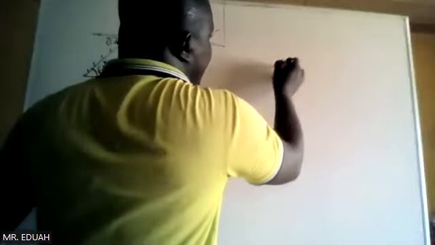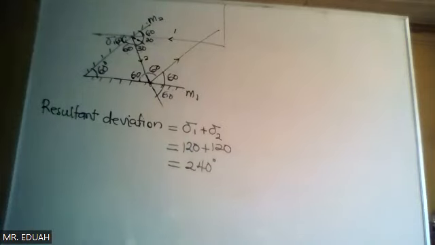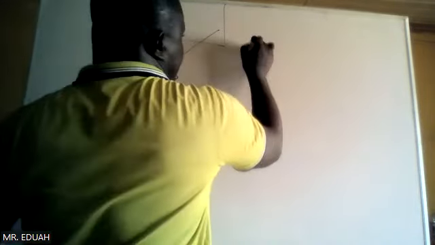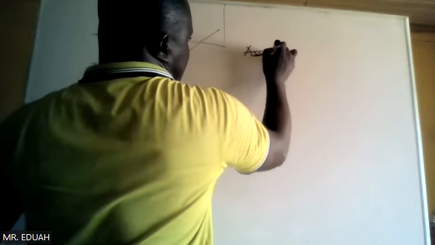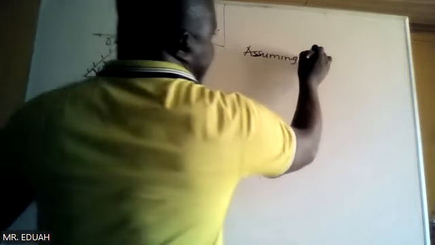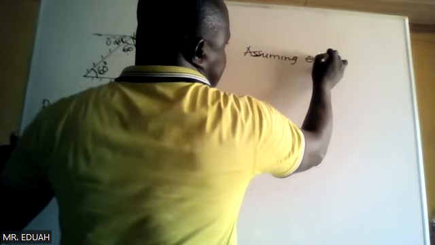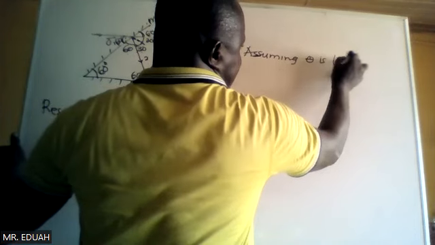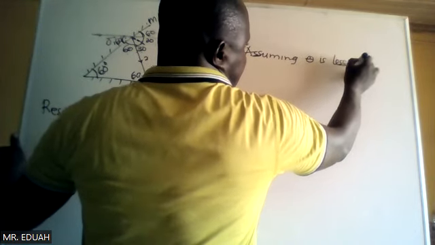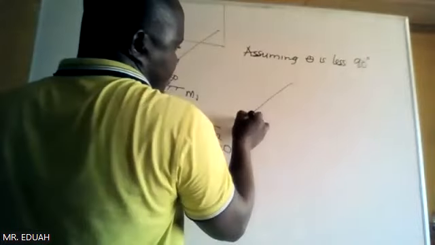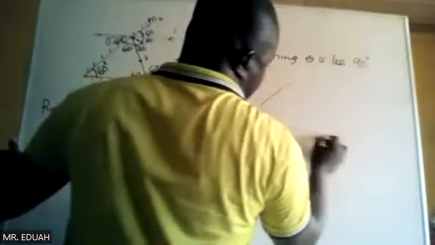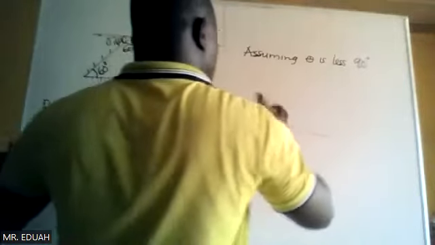So if we think that the angle between the two mirrors is acute, assuming theta is less than 90, these are the two mirrors.